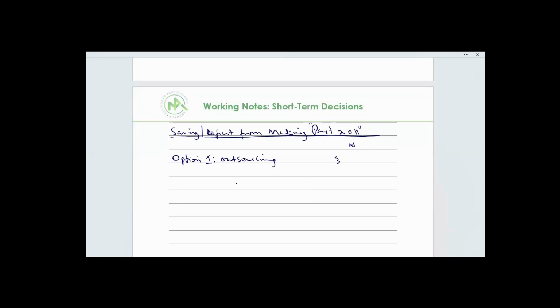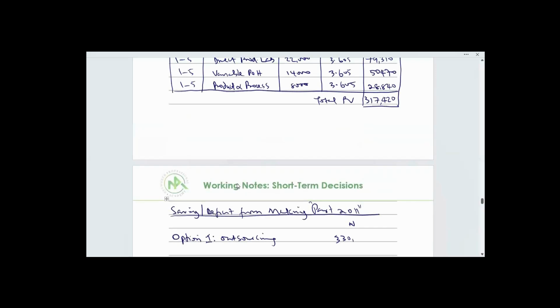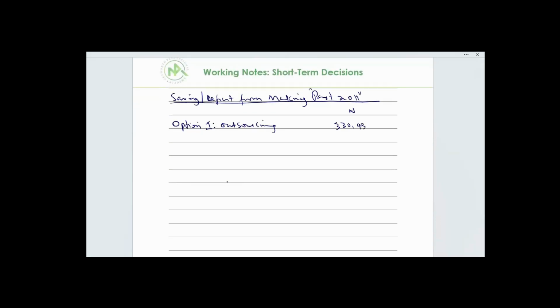We got 330,434. Then option 2, which is internal production, the relevant cost of making, the total present value of making part 2011 internally: we got 317,420. So what's the difference, please?